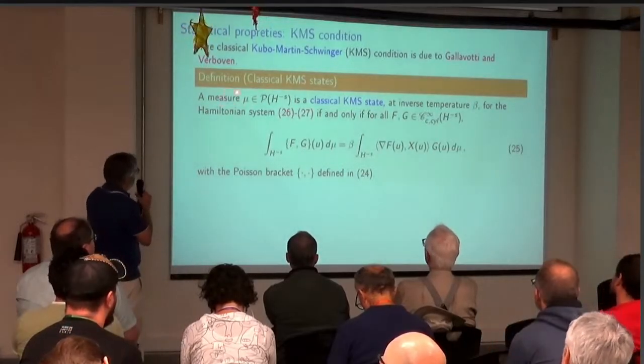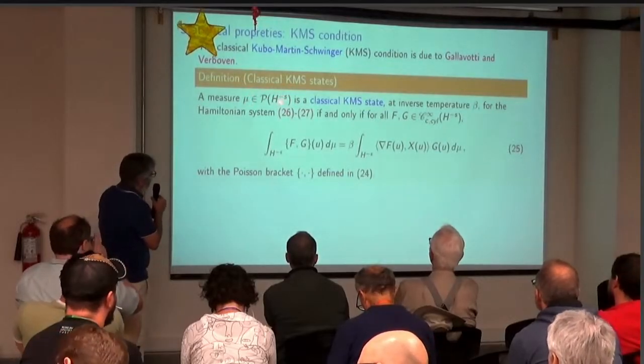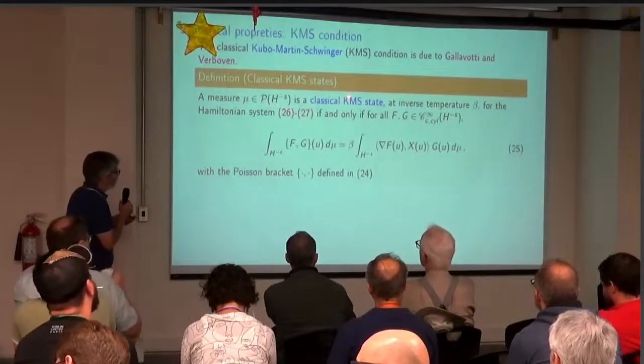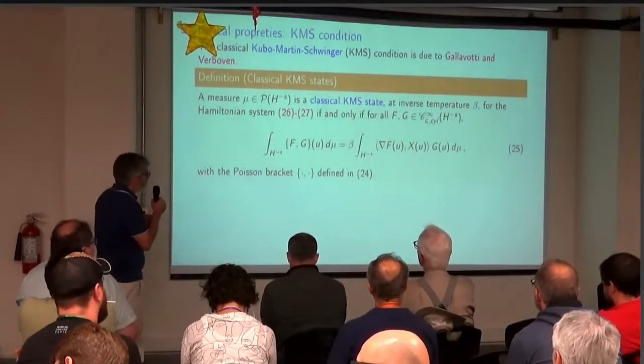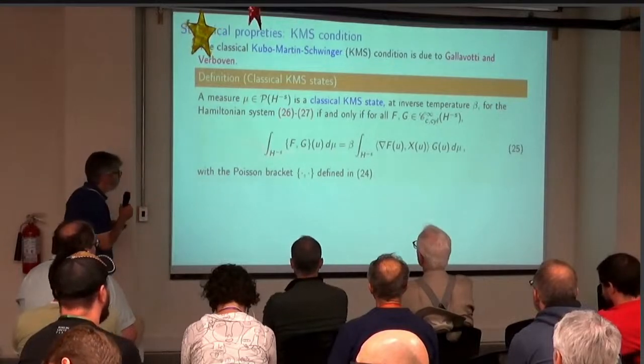Okay, so what is it? A probability measure on the setting we have is a classical KMS state, or satisfies the KMS conditions, at inverse temperature beta if it satisfies these conditions.